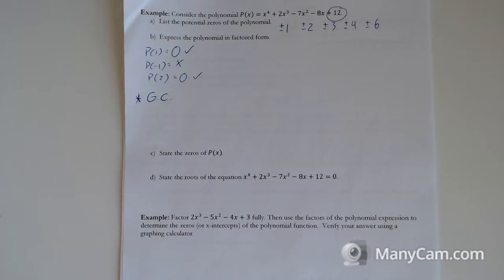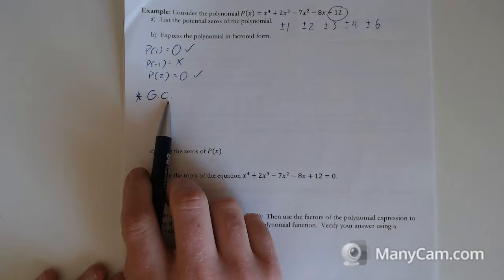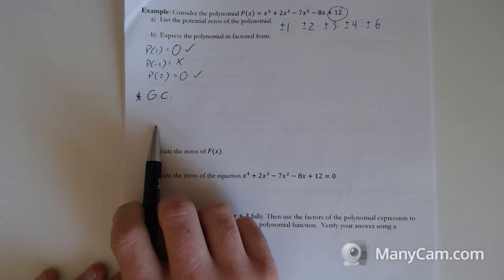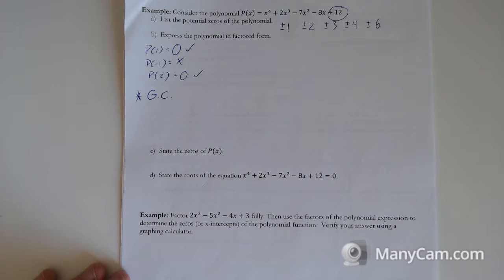If you look on the graphing calculator and you find one of the x-intercepts, boom, you found one of the factors. So it could be something really nice where one of them is a whole number and then the other 2 are decimals, and then that's perfect. Use the whole number as a factor, and then you can find what the decimal ones are after. So I've got 2 of them.